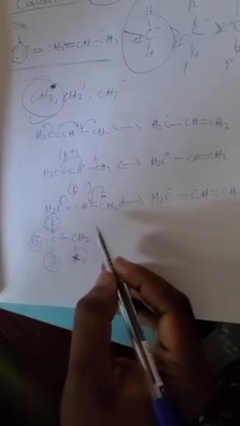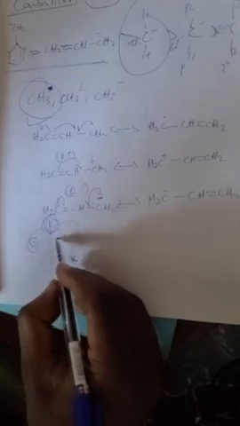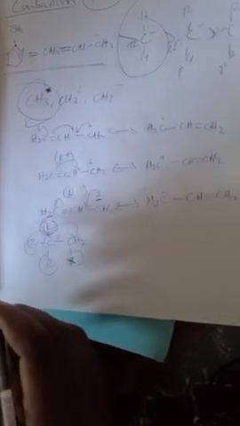You can't say you just want to remove this one and something will come here. No, it won't go that way. What happens is there will be a shift. This one can shift to this side so that this guy will be less prone to attack. You get what I'm saying now? Bulkiness of groups also determines the way a reaction proceeds. It's very, very important.